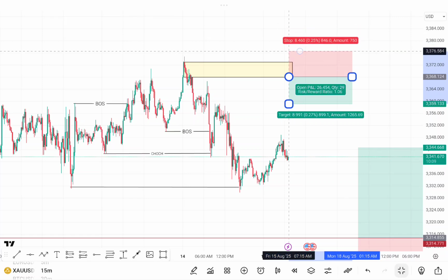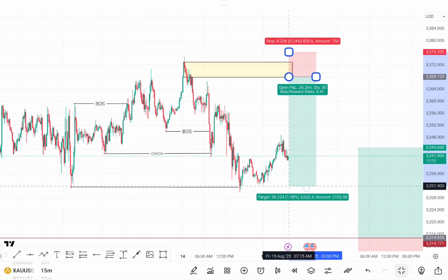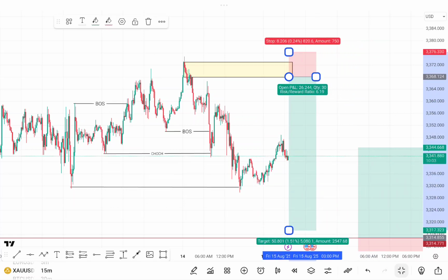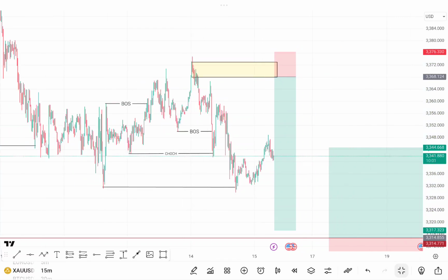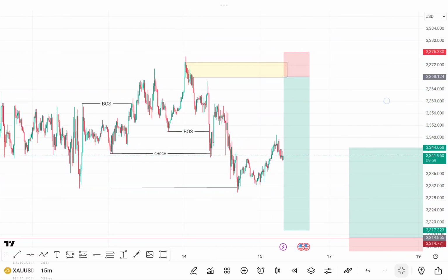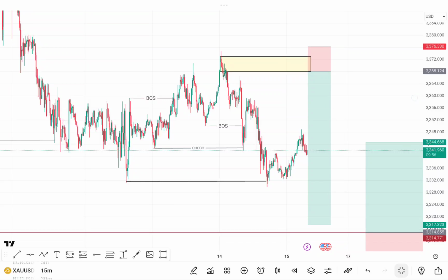So what should be around this? The market would want to come to this previous high. That will be the massive movement at that point. So this is what I'm looking at here.